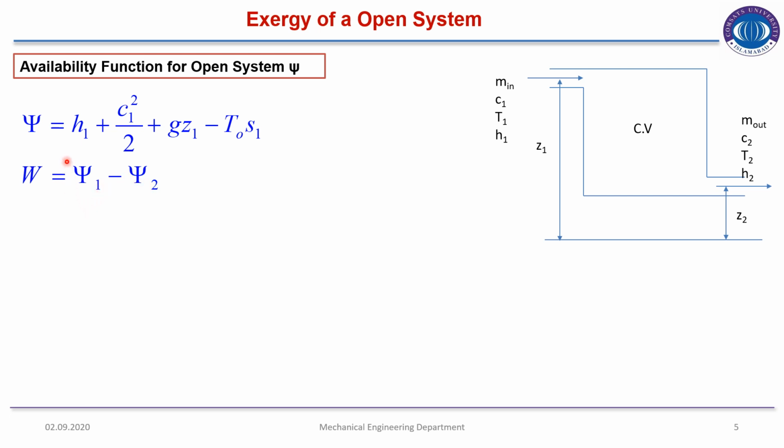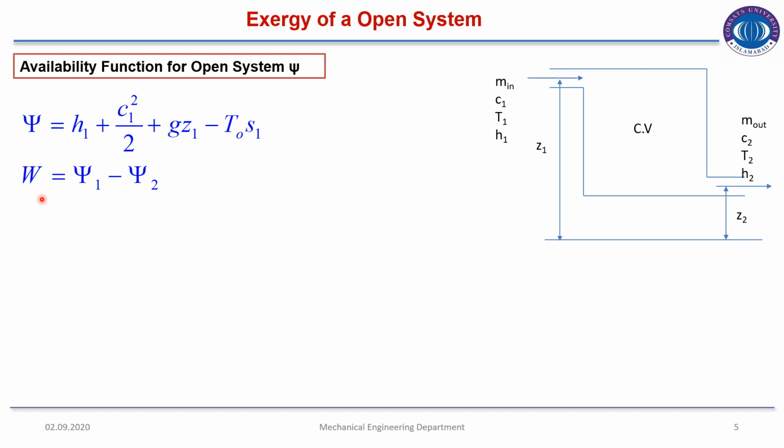So psi 1 is equal to h1 plus c1 square by 2 plus g z1 minus T naught s1, whereas psi 2, the availability function for open system for state 2, is equal to h2 plus c2 square by 2 plus g z2 minus T naught s2.